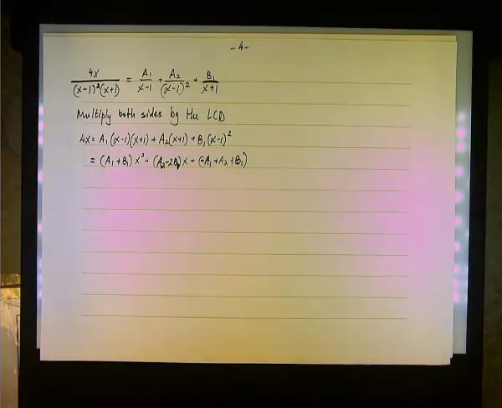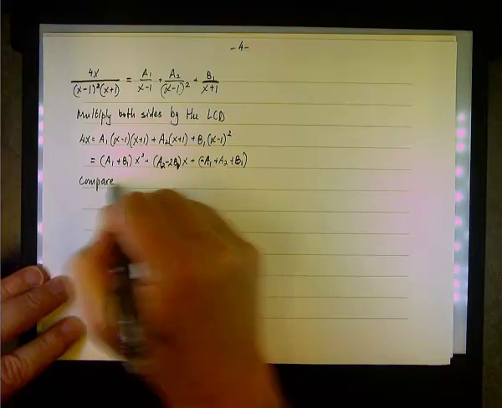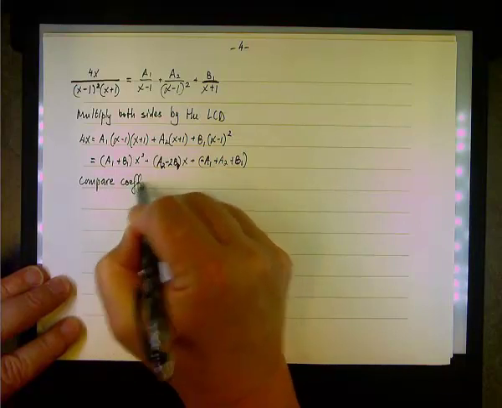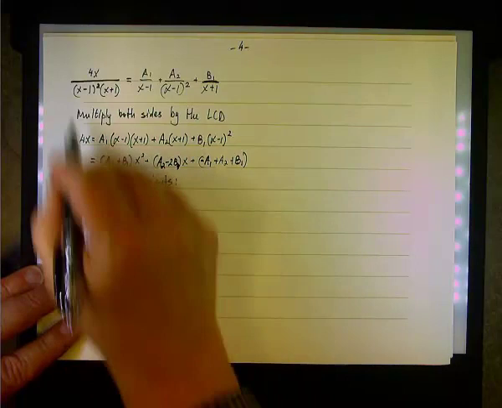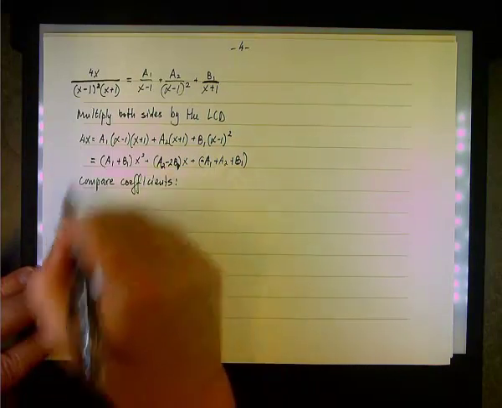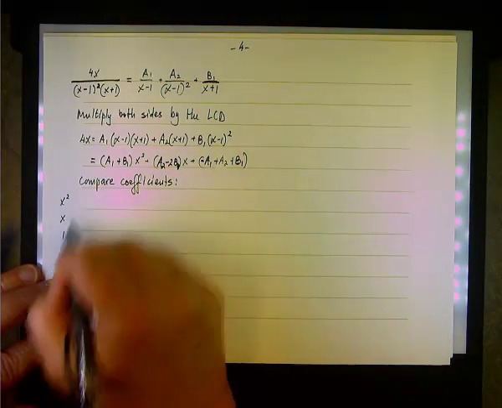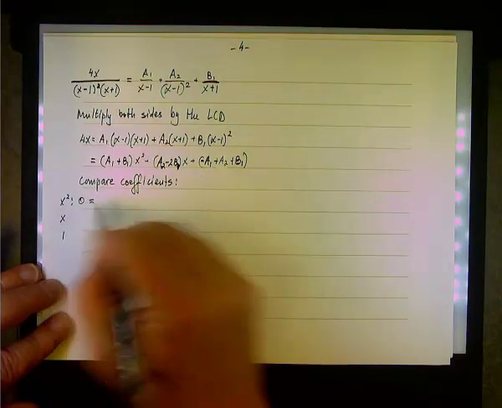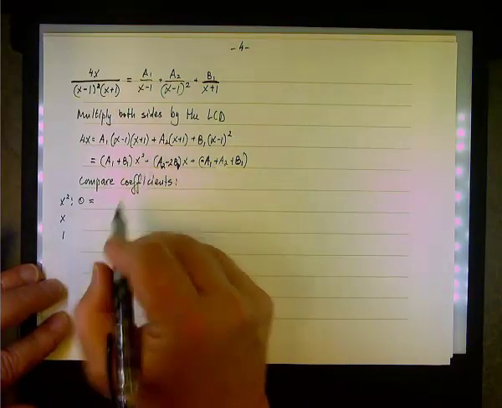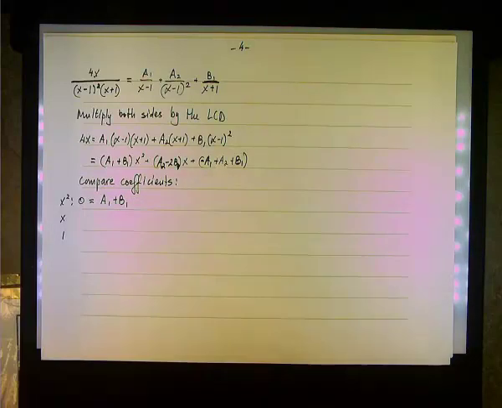And now we compare coefficients. Let's see. We need to write x squared, x, and 1. The coefficient of x squared on the left is 0. The coefficient of x squared on the right is a1 plus b1. So we get a1 equals negative b1.